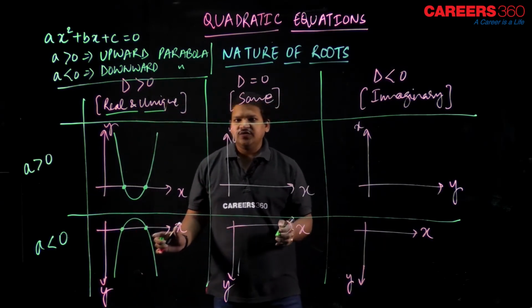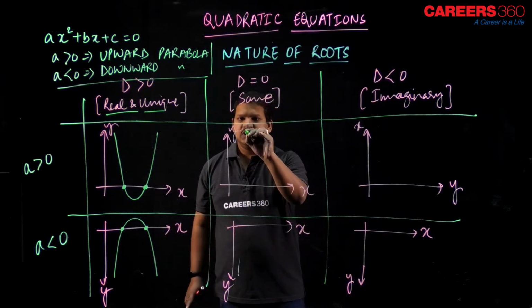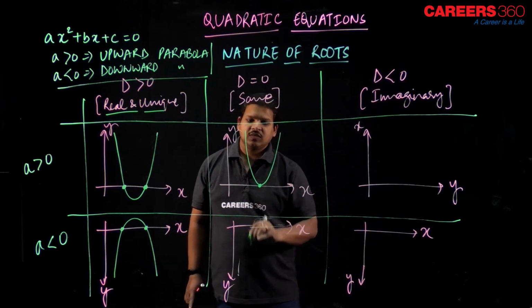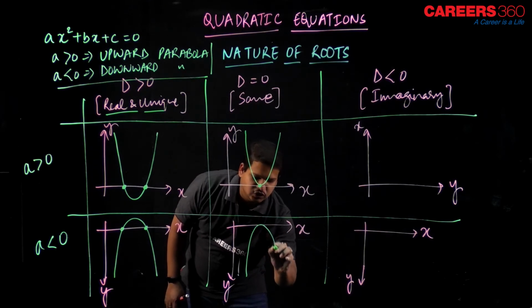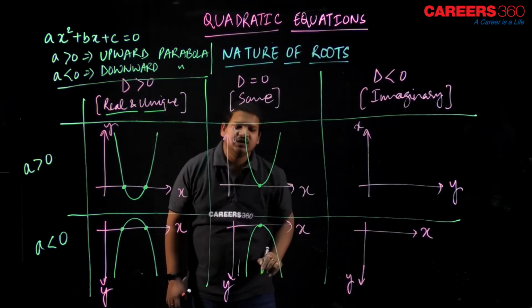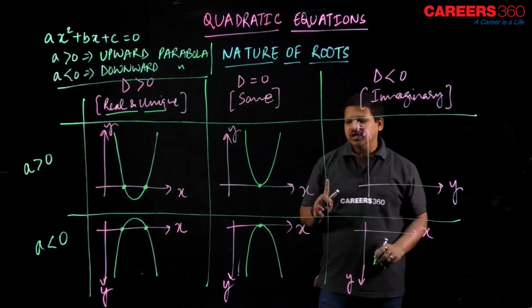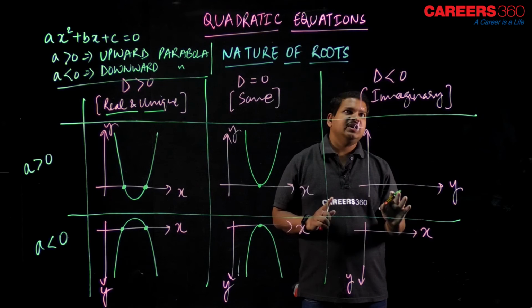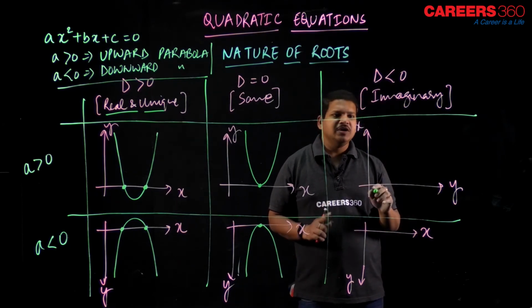Now, in the case of D equal to 0, since we achieve only one root, the graph will just touch the x-axis, not more than that. It will not intersect the x-axis, right? That's how we get only one root. Now, what if D is less than 0 and we have imaginary roots?